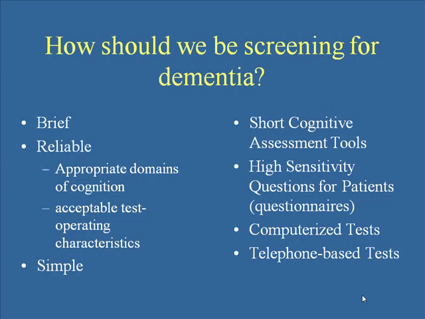We'd want it to be brief, easy to incorporate into the flow of care without a great deal of time. We'd want it to be a reliable tool, a reliable strategy, getting at the appropriate domains of cognition that would raise the suspicion for dementia.